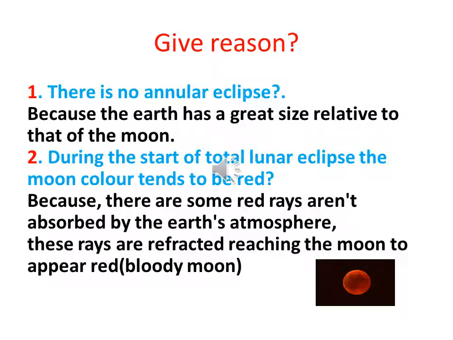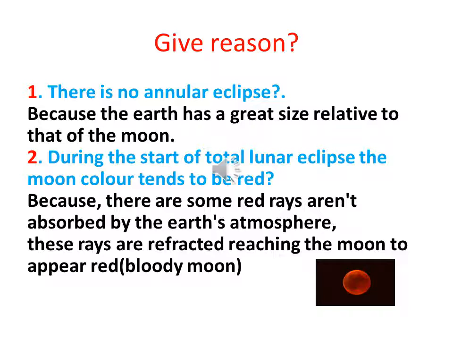What is the difference between solar eclipse and lunar eclipse? In the solar eclipse, moon in the middle, but in lunar eclipse, the earth in the middle. So, we can define the lunar eclipse as a phenomenon that occurs when the earth lies between sun and moon. Excellent. Between sun and moon in one straight line.